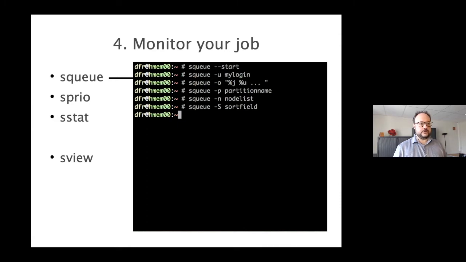And then you can use -n to specify that you only want to see the jobs that run on a specific node, and -S to use a different sort field, because you can ask Slurm to sort the jobs when you use the squeue command.